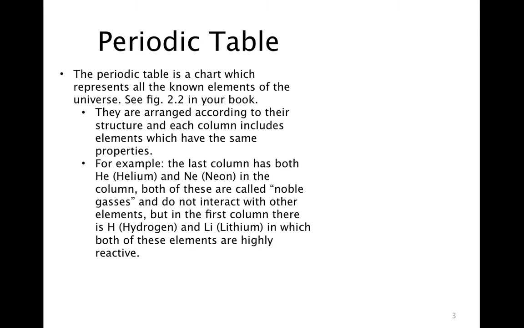Hydrogen and sodium, H and Na, are in the same column. They're very reactive elements. In the last column, all the way to the right, you have helium, neon, xenon, and argon. These are called the noble gases, and they are very stable elements. They do not react with other things.